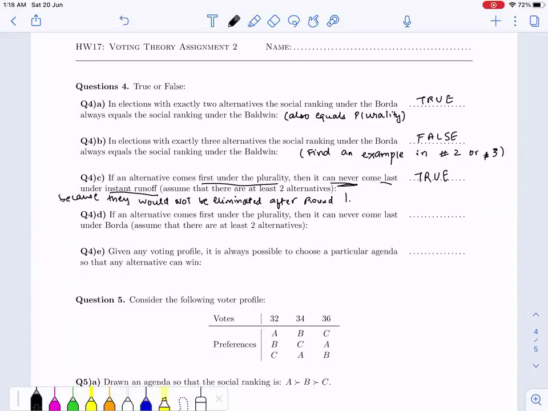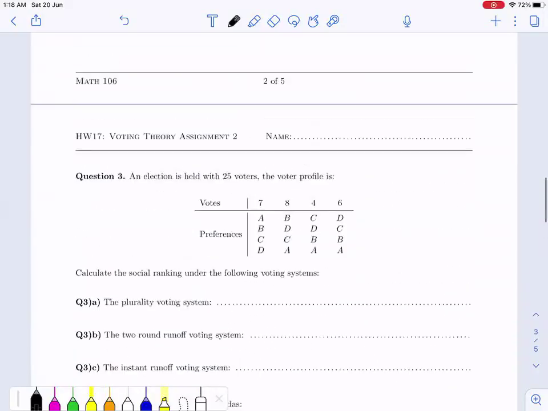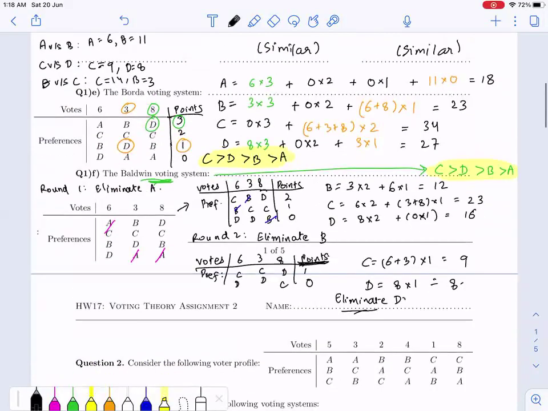However, if you have an alternative coming in first under plurality, then they can actually come last under BODA. Let's see if this was an example to demonstrate it.